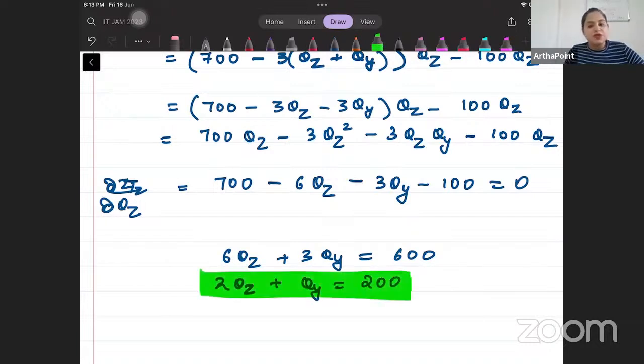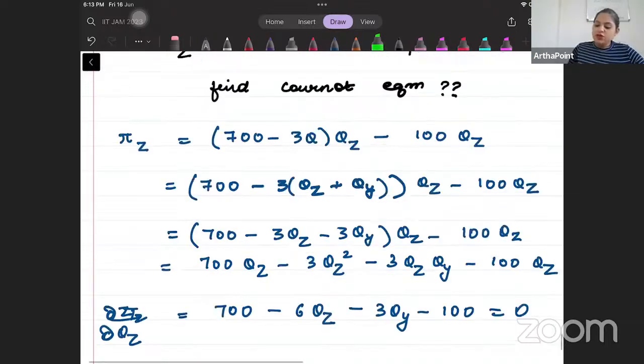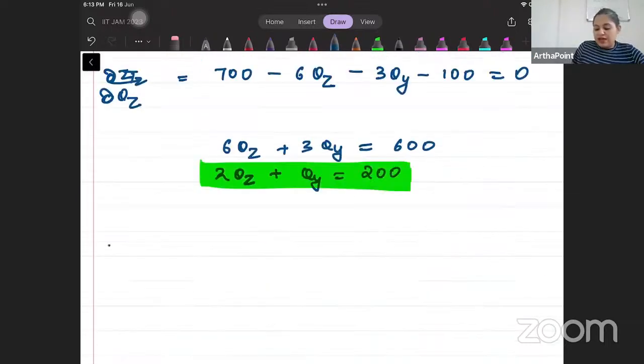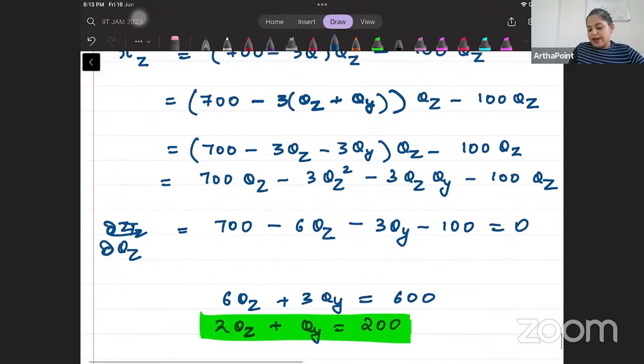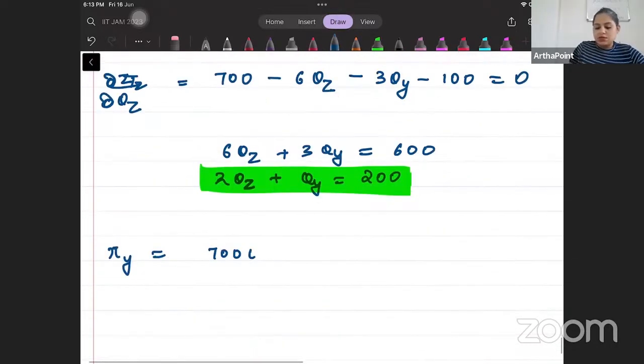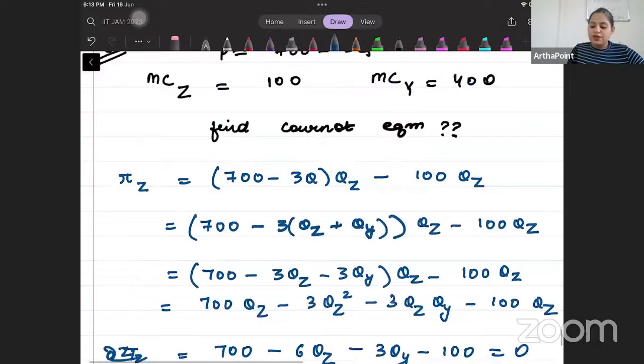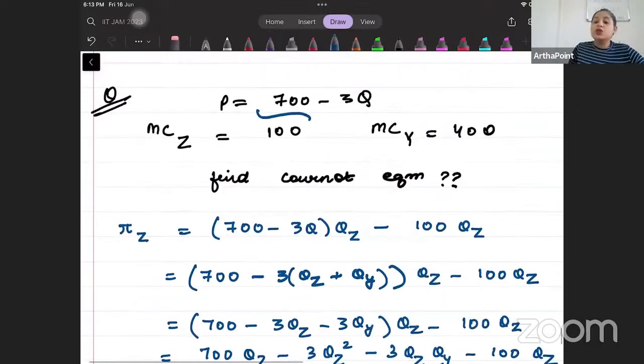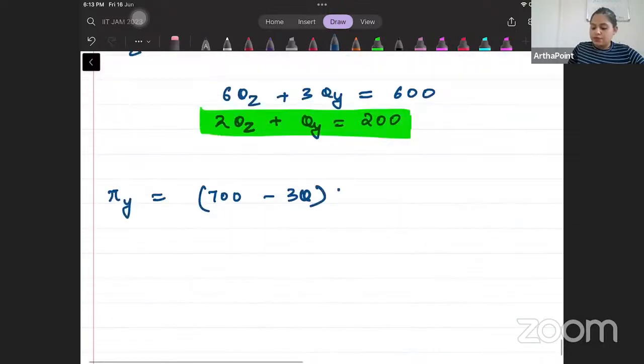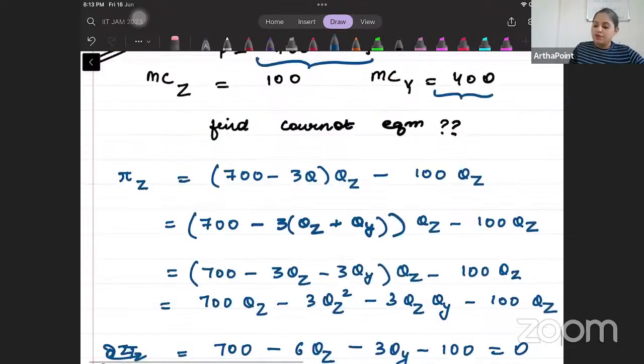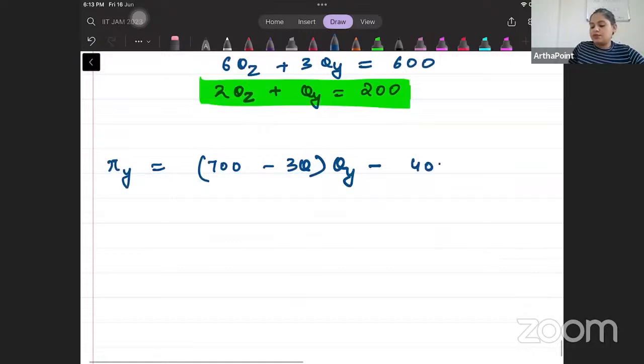Now find out the profit of Yan. What will that be? 700 minus 3Q, price, into his quantity, minus his cost, 400 QY.